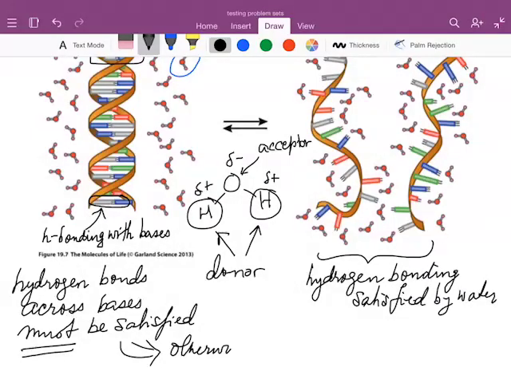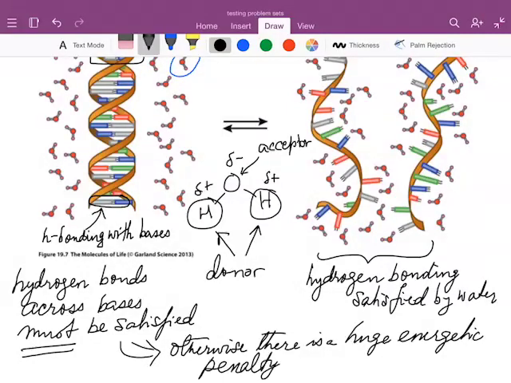If the hydrogen bonds are not satisfied, there is a huge energetic penalty. So hydrogen bonds are important in making sure that the base that comes in to form the double helix is correctly paired in terms of the Watson-Crick rules. Because if an A is paired with a G instead of a T, then the hydrogen bonds in some instances will not be formed correctly and the bases would have lost hydrogen bond interaction with water, and that will be an energetic penalty.